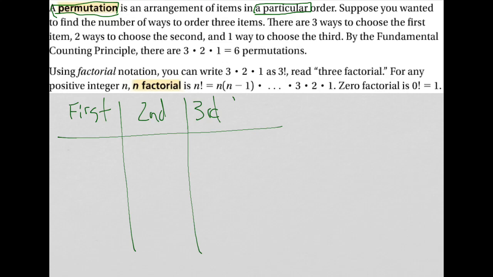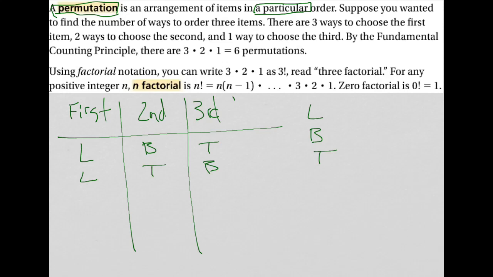Suppose you wanted to find the number of ways to order 3 items. There are 3 ways to choose the first item. So, for example, let's say we've got Lenny, Bob, and Tim racing each other. Well, Lenny could get first, and if Lenny gets first, then Bob could get second, and Tim could get third. Or Lenny could get first, and Tim could get second, and Bob could get third.